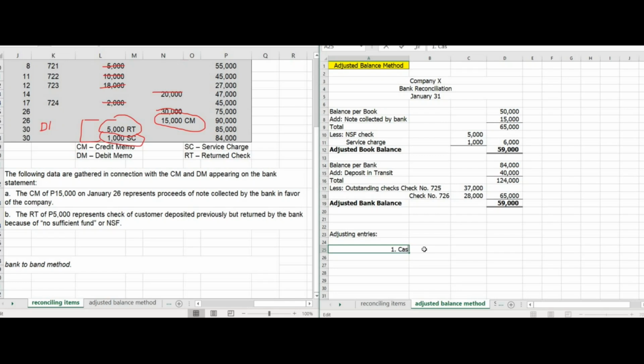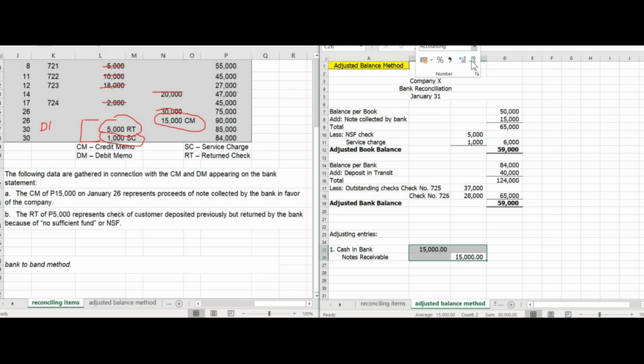We debit cash in bank, the amount is 15,000. And then we credit, of course, notes payable, since it's a note. Notes receivable, sorry. We credit notes receivable, the amount is 15,000.